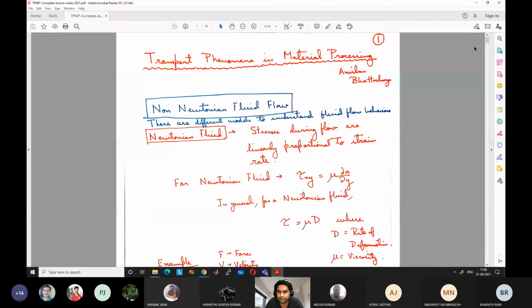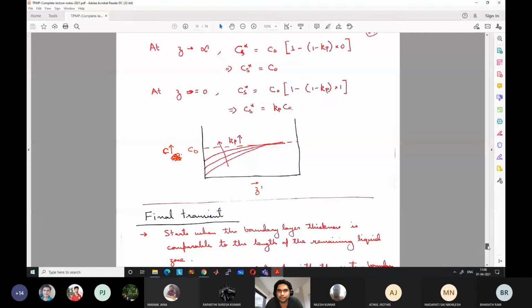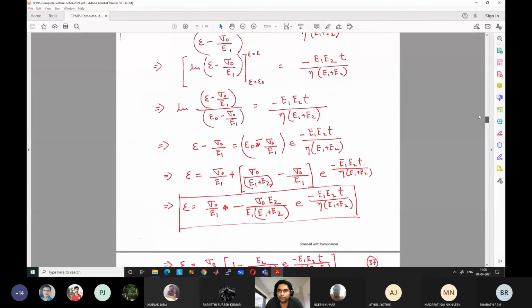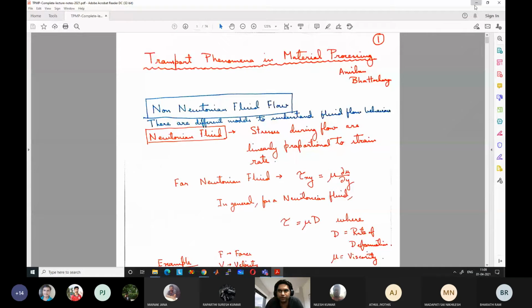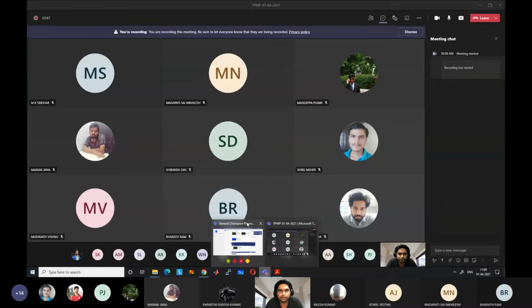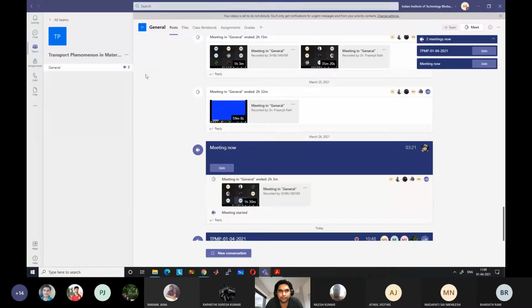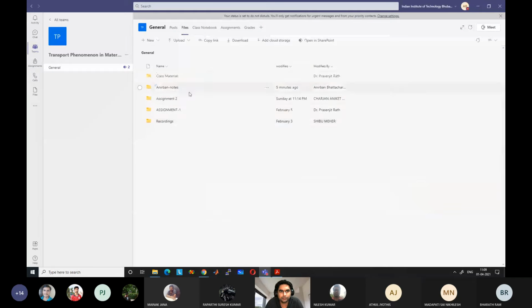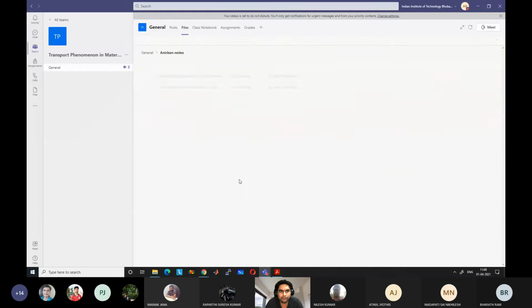So for this course, I have already prepared the entire notes. So all the notes, whatever is going to be there in the course, around 70-80 pages are there. So this is already uploaded in the Teams portal. So you can go to the file section of your Teams portal, in transport phenomena, and go to Anirban notes, and here you have the lecture notes.